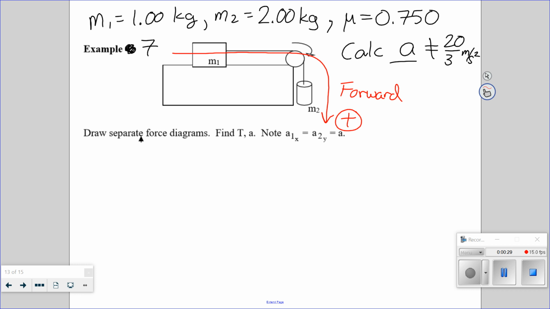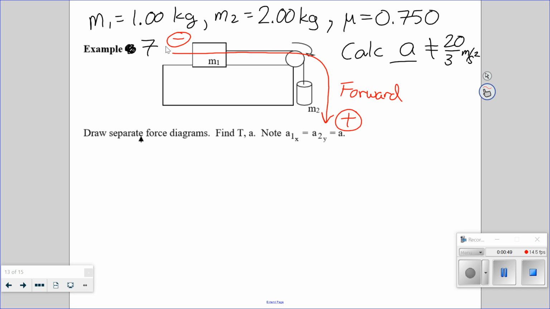Like this one could resist with up to 10 newtons, 10 times 1 kilo of friction, but not more, unless it's really sticky engineered material. So 20 newtons pulling over the tabletop edge is going to overpower 10. So we're going to go that way. So let's call that way forward.